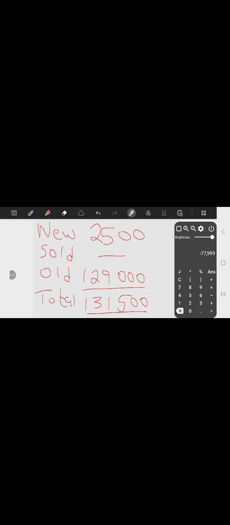Just a quick reminder, this was the depreciation for the new asset. We didn't have the sold. This was for the remaining ones, but it's now more than the carrying value at the beginning of the year. Hence, we did the calculations we were just doing now. We have now 77,999.